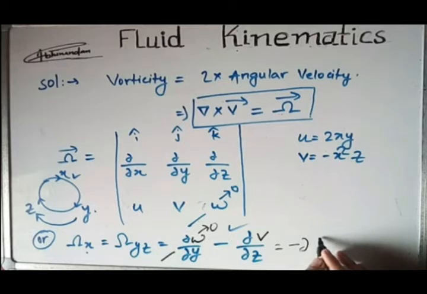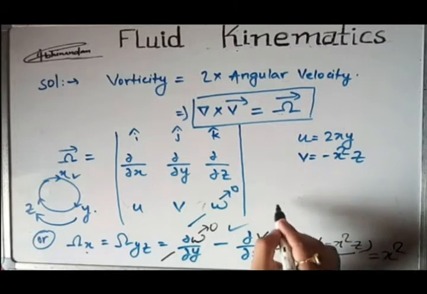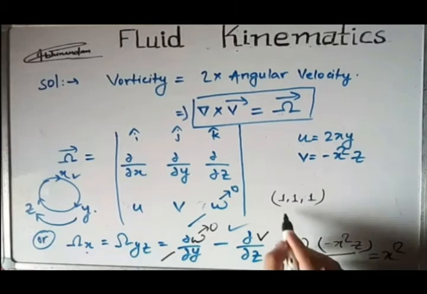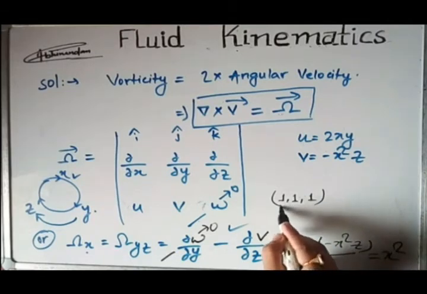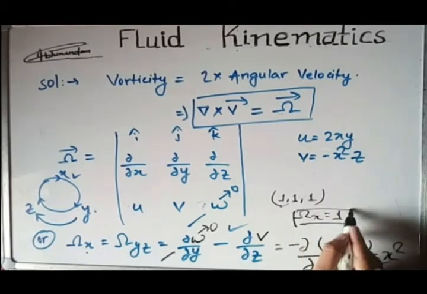So minus partial of v being minus x square z upon partial z, which is equal to x square. That's it, because the minus signs cancel. Now at (1, 1, 1), x being 1, we have omega x equal to 1.